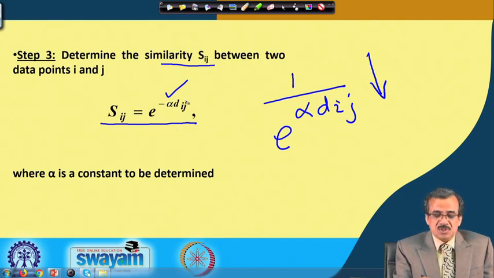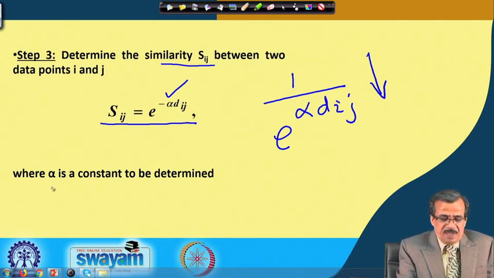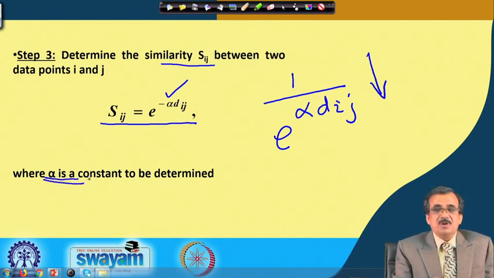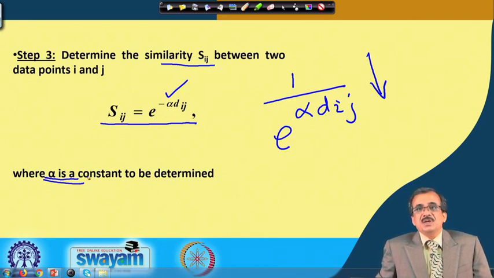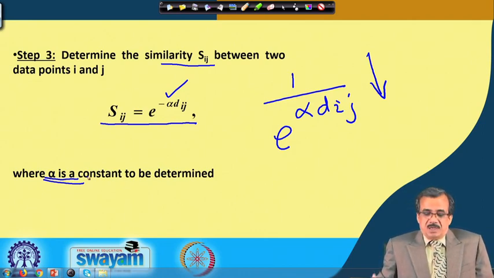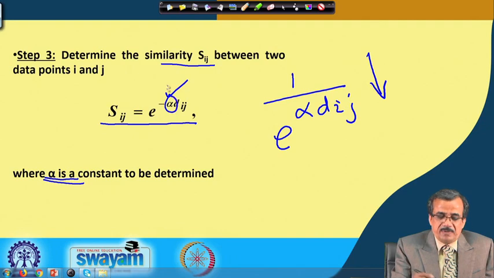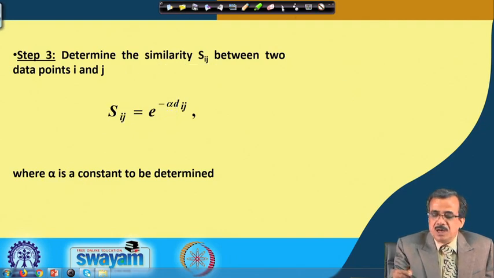So, I am just going to use the same expression, that is S i j is nothing but e raised to the power minus alpha d i j, where alpha is a constant and the value for this particular constant is to be determined. Now, how to determine this particular value of alpha?